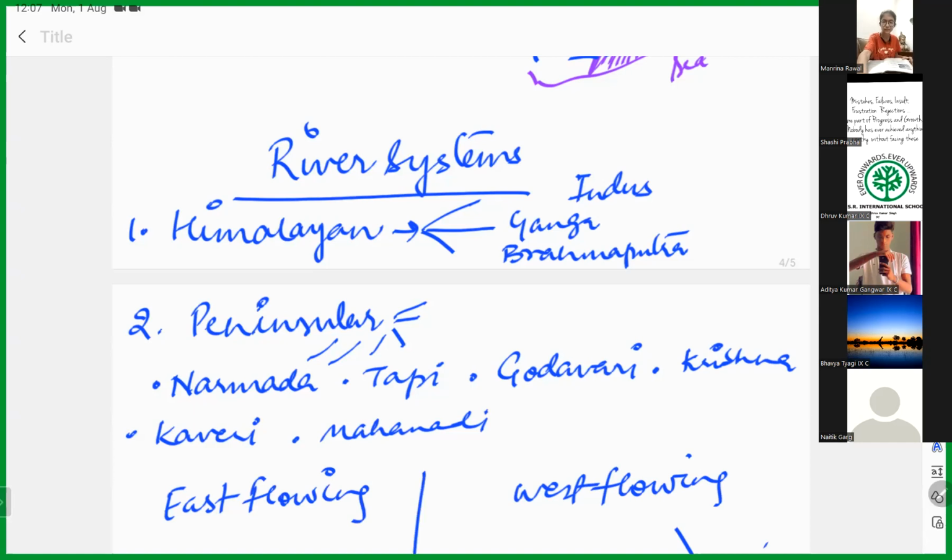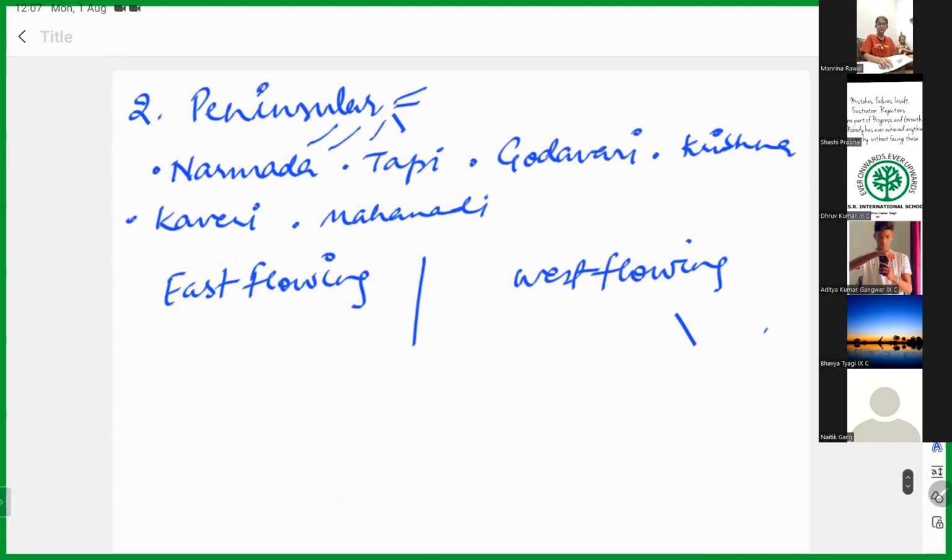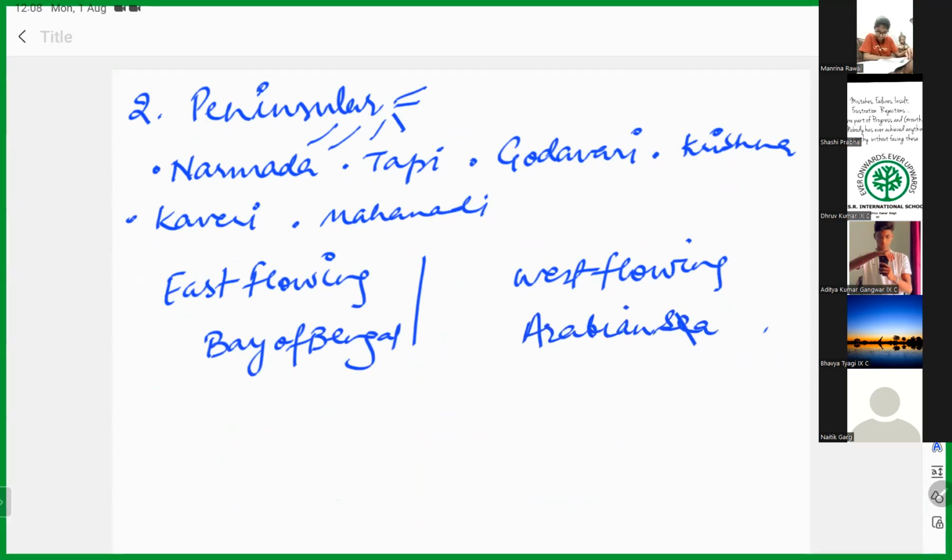These east flowing rivers are those which move towards the Bay of Bengal, and west flowing rivers are those which flow towards the Arabian Sea. Now, out of these six rivers of the peninsular river system, can you name the two rivers that flow westwards towards the Arabian Sea?